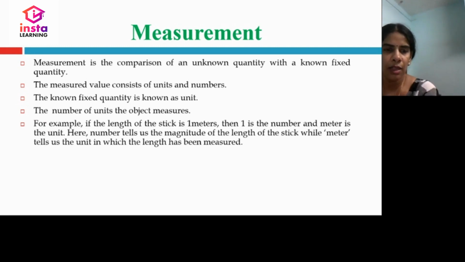For example, let us take the length of a stick as 1 meter. Then we can say 1 is a number and meter is the unit. Here the number tells us the magnitude of the length of the stick, while meter tells us the unit in which length has been measured.